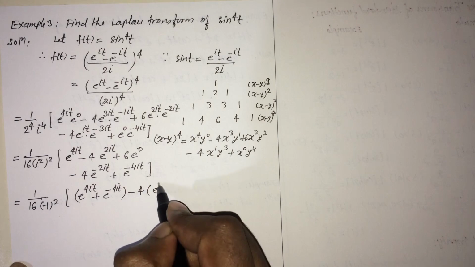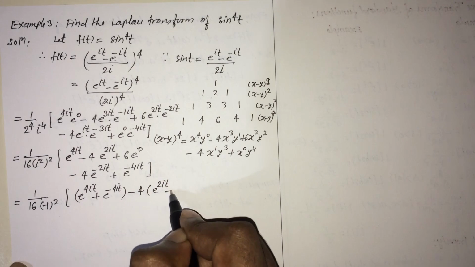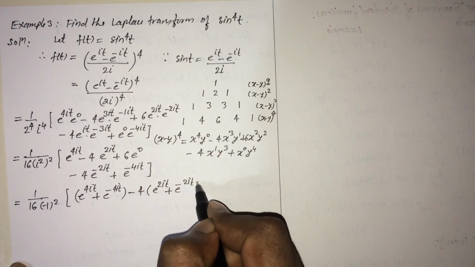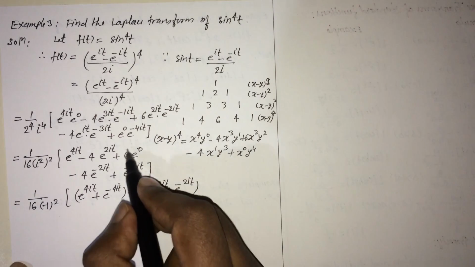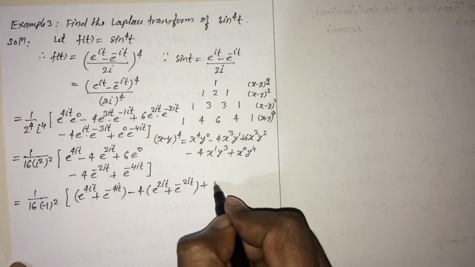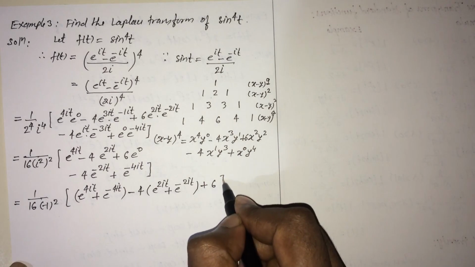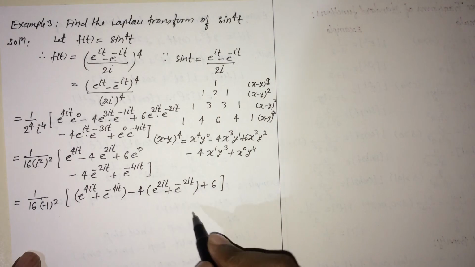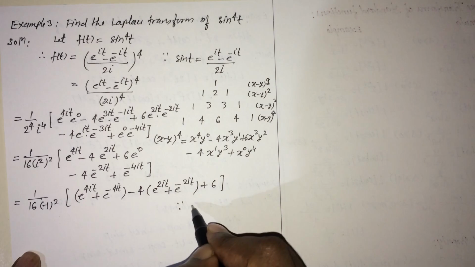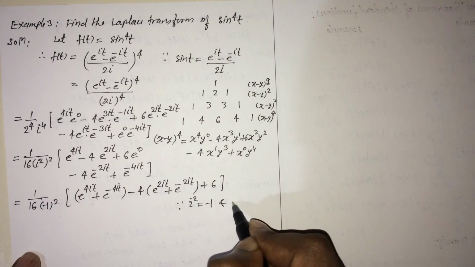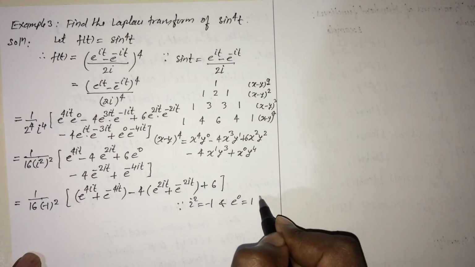So we write e^(2it) plus e^(−2it), and write the last term, that is 6, and e^0 is 1, so we write 6 as it is. Here in bracket you can write down, since i^2 equals minus 1 and e^0 equals 1.